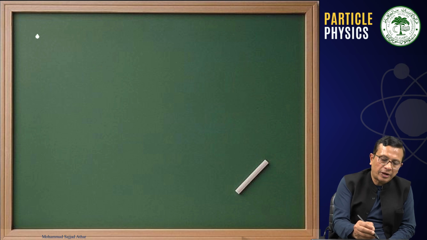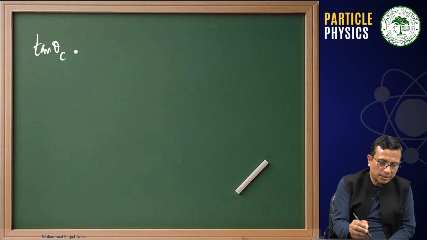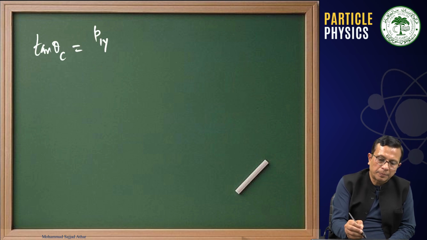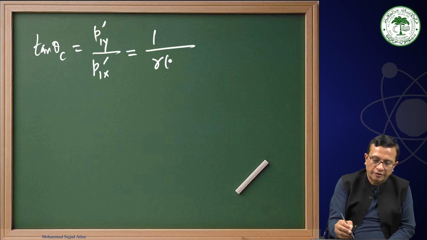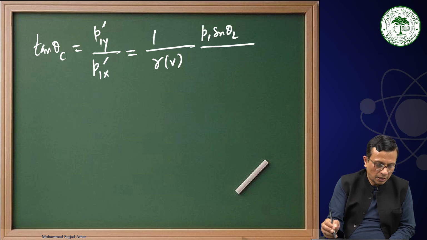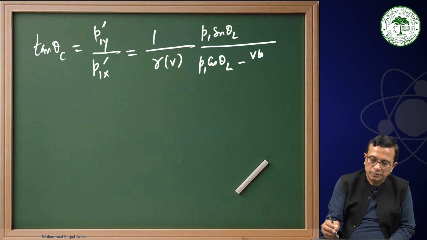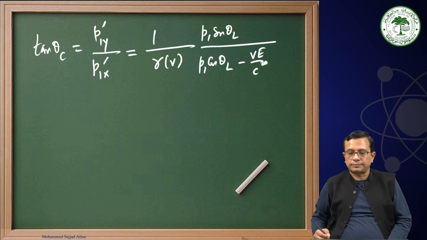If I define tan theta C, this is equal to P1 y prime upon P1 x prime. This equals simply 1 over gamma V times P1 sin theta L upon (P1 cos theta L minus V E1 by C square).